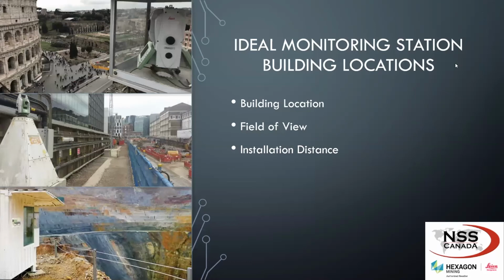Ideal monitoring station building locations: as you can see up here, we have different monitoring stations. I'm more familiar with the open pit monitoring. I've seen monitoring station buildings almost hanging over the edge. I've seen them back here. For the construction crews, they don't want them moving either, but there is something called free station.